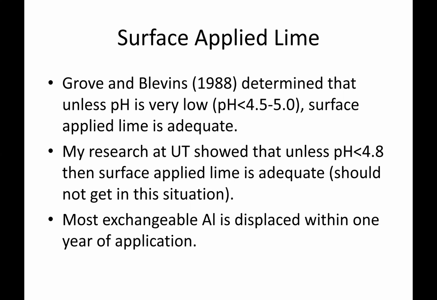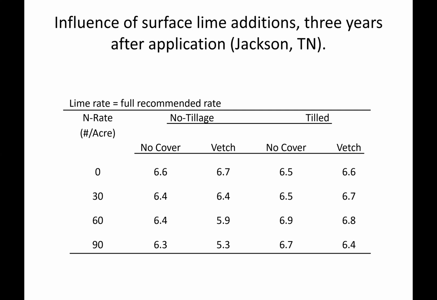This is my data. I showed you what happened after 14 years of doing the same nitrogen cover crop tillage treatment, and this is what happens after we add lime. This is 3 years after lime.